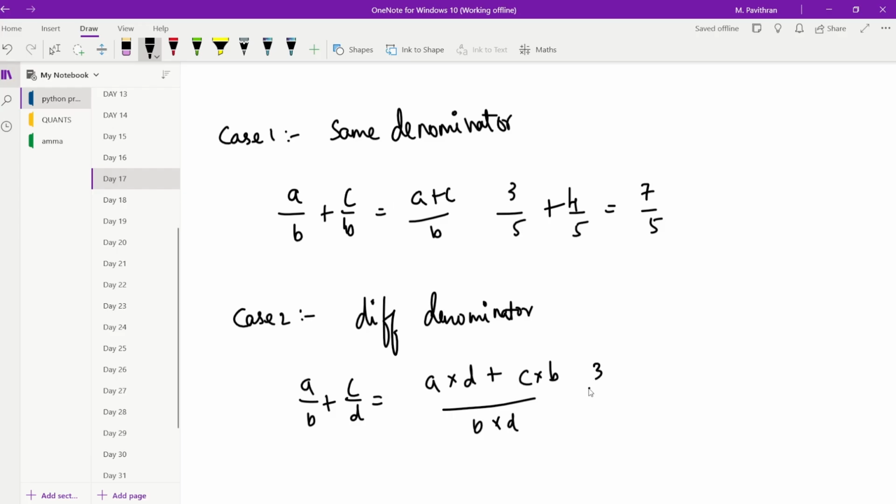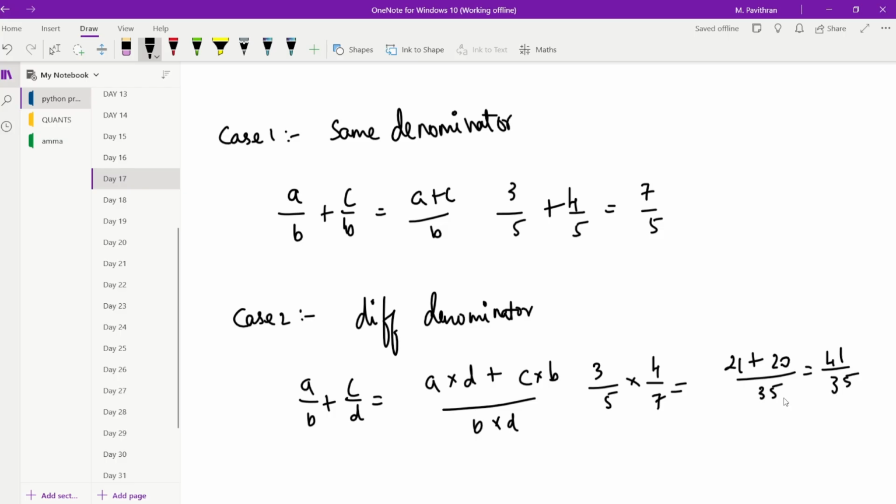A practical example would be 3 by 5 plus 4 by 7. We get the answer 3 into 7 is 21, 5 into 4 is 20, and 5 into 7 is 35. We get the resultant as 41 by 35.